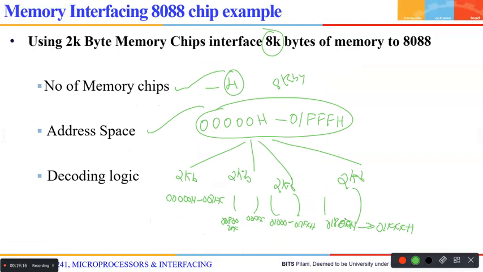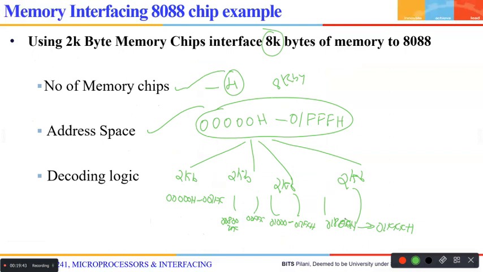What you have written is the address space. What is the address space of the total 8 kilobyte memory? Since an 8 kilobyte memory chip is not available, you are using 4 2 KB memories. So the address space runs in the range 0000H to 01FFFH. Have you understood this?